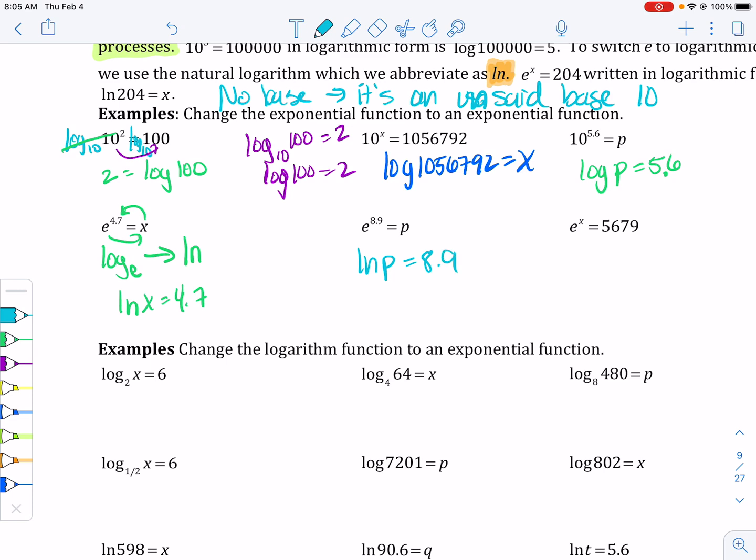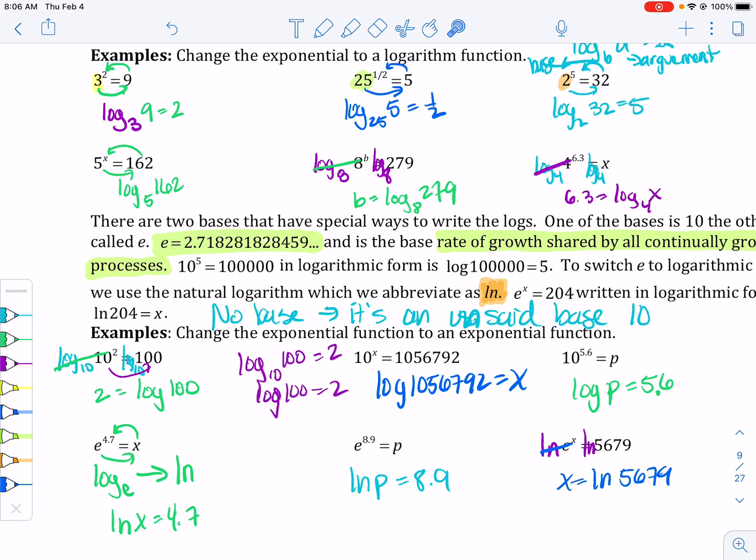And here, you can also do the same thing when you are taking the log of both sides, but this would be the natural log of both sides. So the natural log of e, those undo each other, so you got x equals the natural log of 5679. And that's how you switch from an exponential to a log, including our special bases that we have.